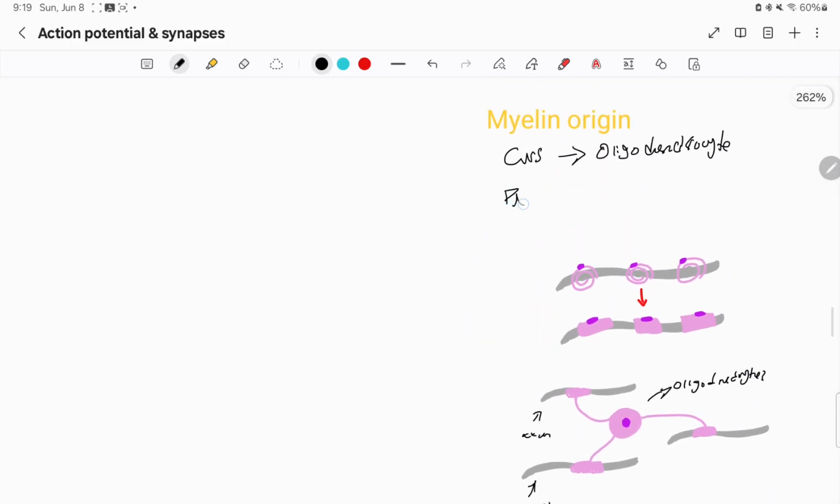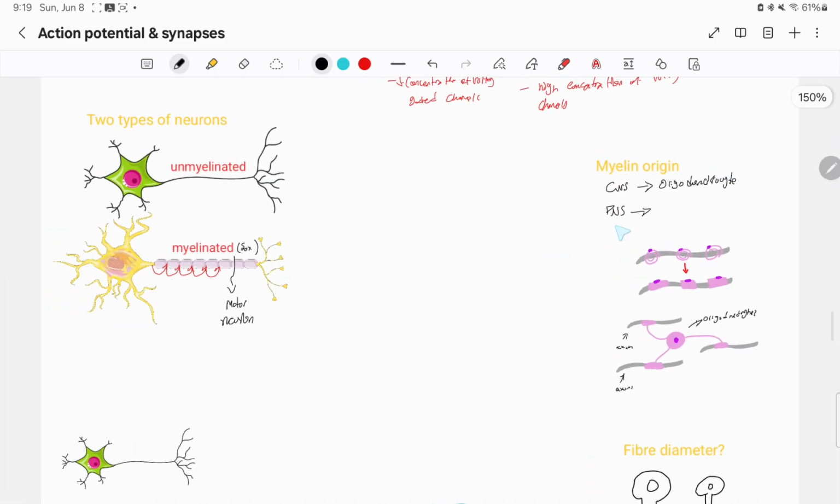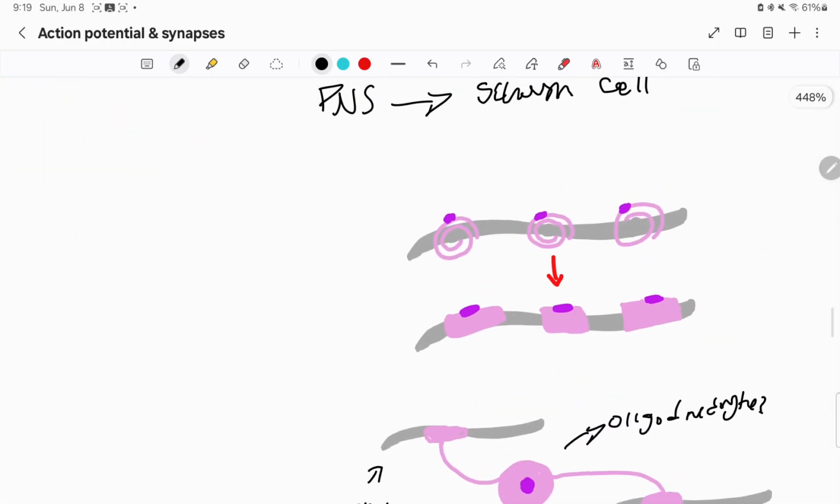What about the peripheral nervous system, which includes your autonomic nervous system and your somatic nervous system, right? So the somatic nervous system would include your motor neuron, right? So let's talk about how this motor neuron got myelinated. It was myelinated by a cell called a Schwann cell. This Schwann cell is very interesting, okay? So here it is, Schwann cell.